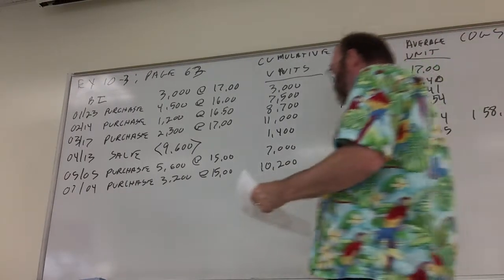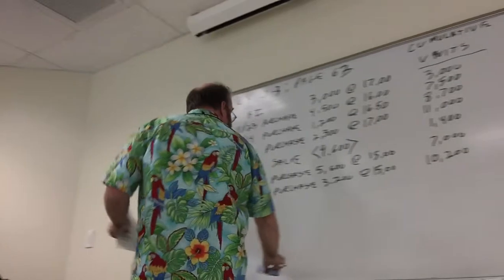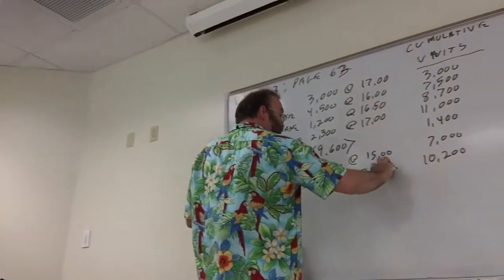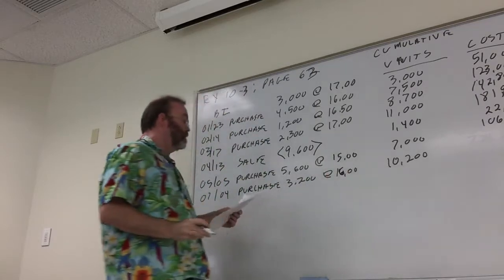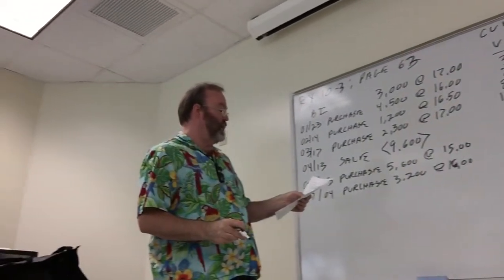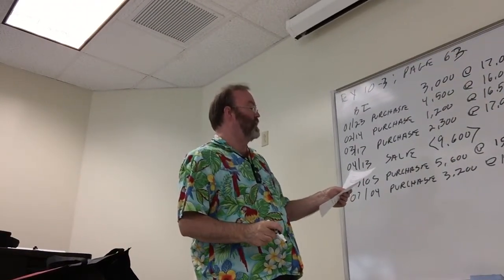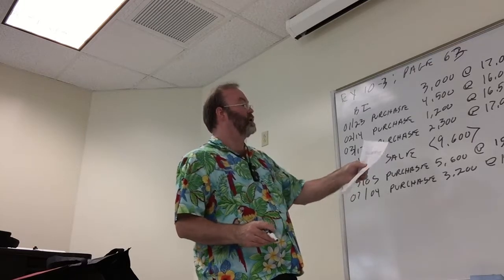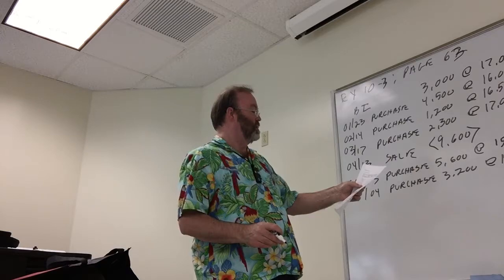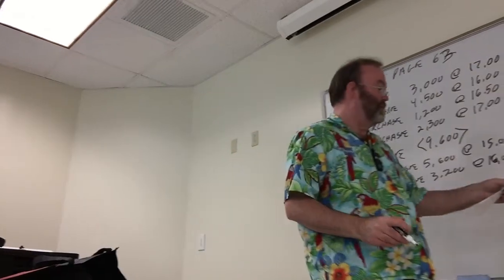Oh, okay. Yeah, this answer key is just way off. Thank you. So 3,200 at 16 is 48,000. No, it's not. It's 51,200. Okay, thank you.